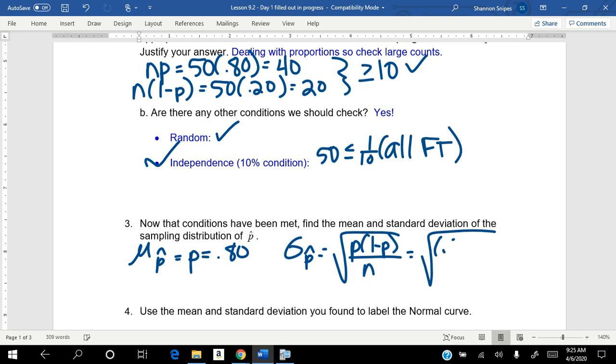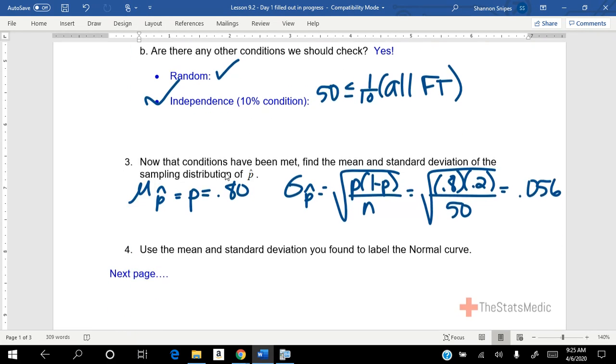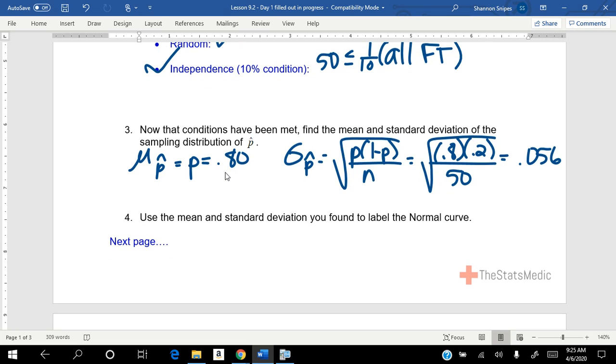So the square root of 0.8 times 0.2 divided by my 50 free throws is 0.056. Now that we have our mean and our standard deviation, and we know we can use the normal curve, our mean is going to be 0.80 and our standard deviation is 0.056.